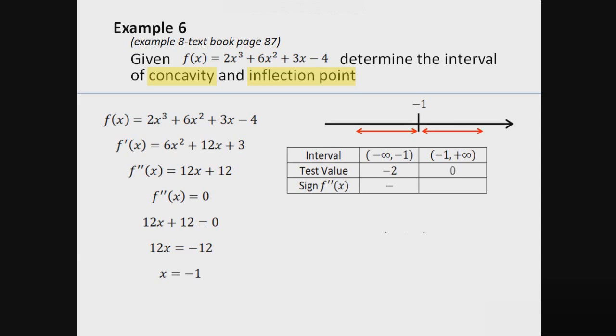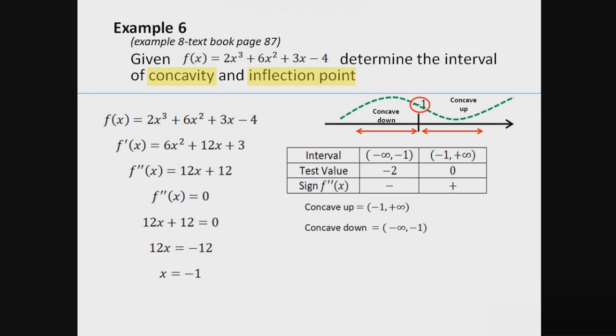At the next interval here, let's say the test value is 0. Substitute into f''(x), so we will get a positive value. So at this interval, we know that it is concave upwards. As a conclusion, concave up is -1 up to positive infinity, and concave down is negative infinity up to -1.